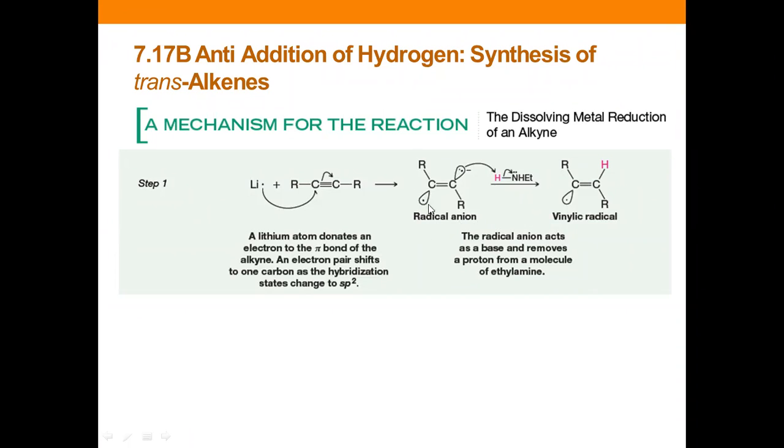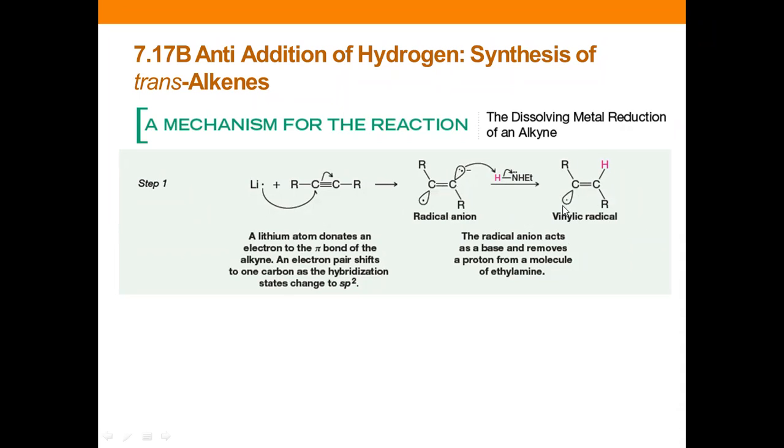What you get is a radical anion. In the presence of ethylamine, the carbanion, the carbon with the electron pair, will abstract the proton from ethylamine, and you'll get a carbon double bond carbon hydrogen with a dot.